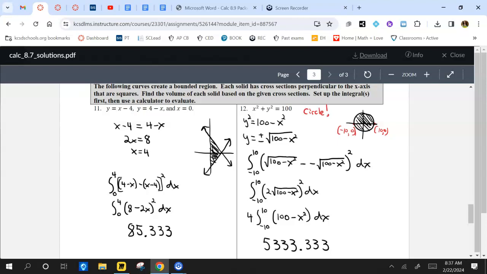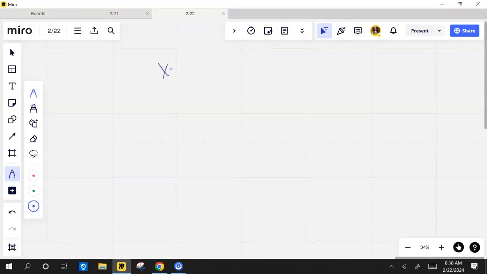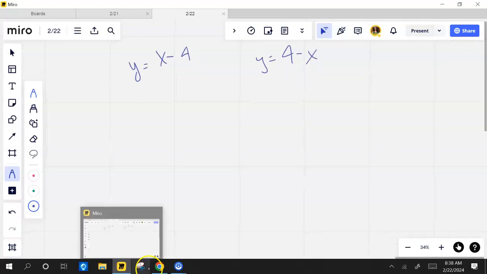A solid perpendicular to the x-axis, squares, volume of each base. X minus 4, 4 minus x. Perpendicular to what did I say?